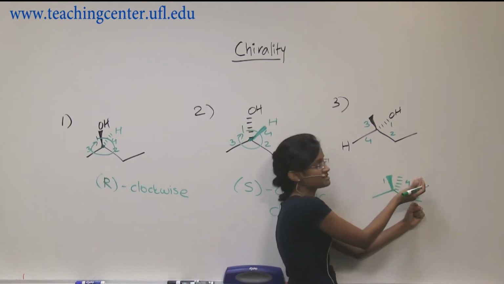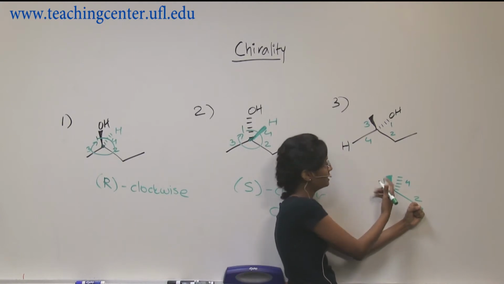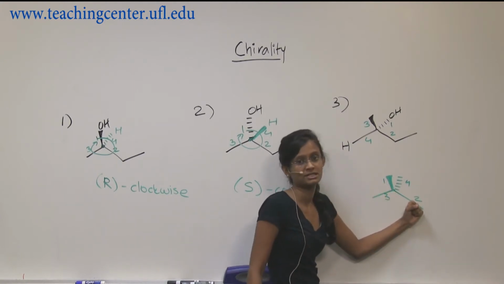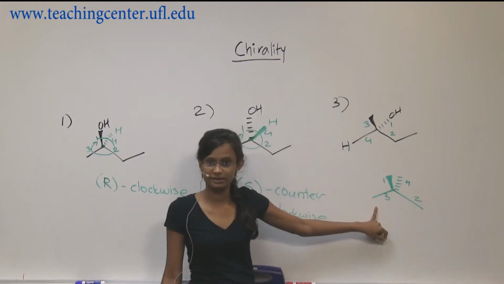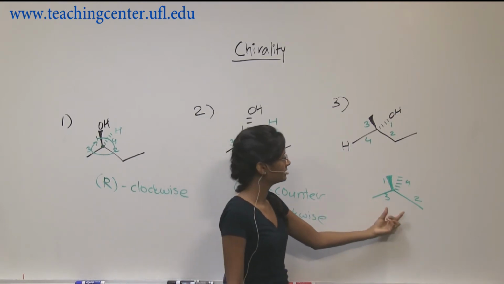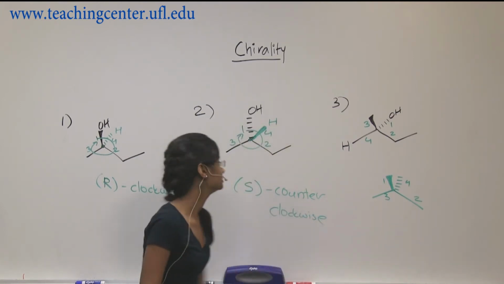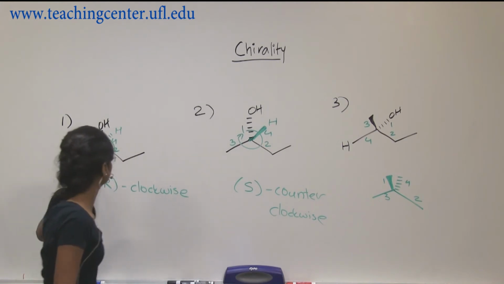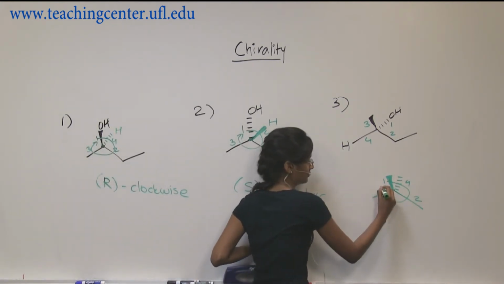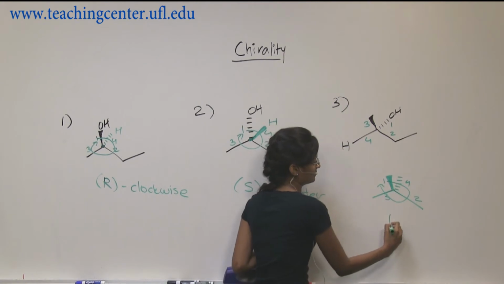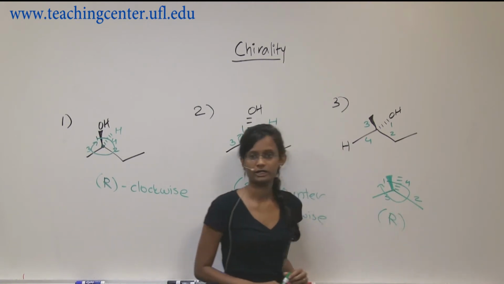That means 1 is going to be pushed to a wedge, and 3 is going to be pushed into the plane of paper. So now this becomes the same situation as that, because it's 1 to 2 to 3, and it's telling us that it's R.